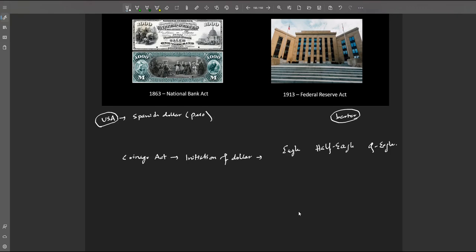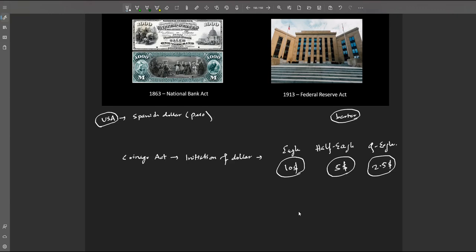Now, the eagle basically meant $10, half eagle meant $5, and quarter eagle meant $2.5. These were basically representative of the gold coins. And the dollar notes at that time could be redeemed exactly in these terms with respect to gold.